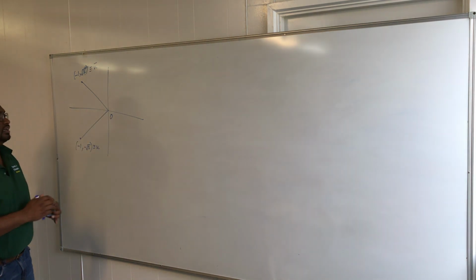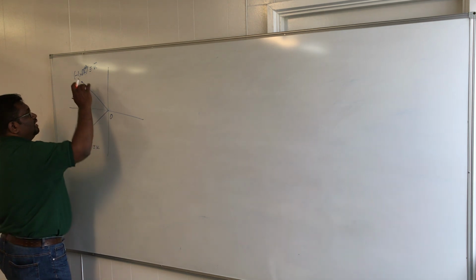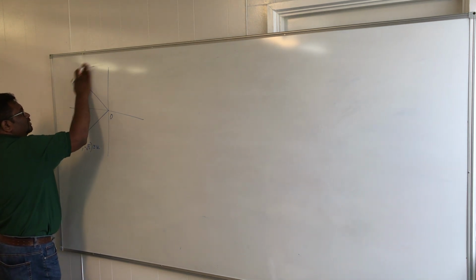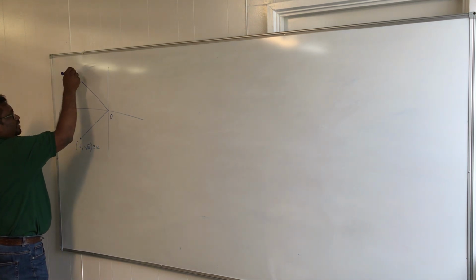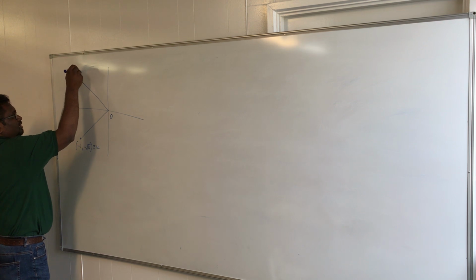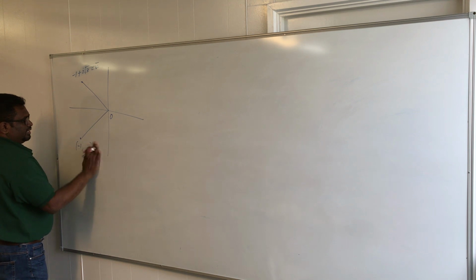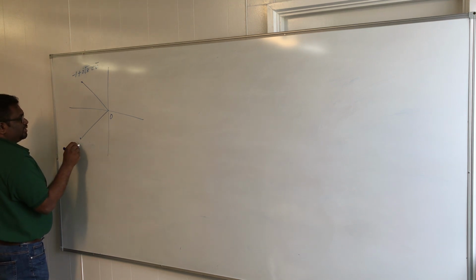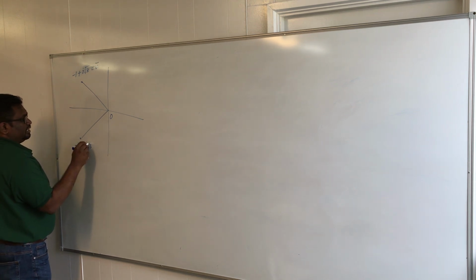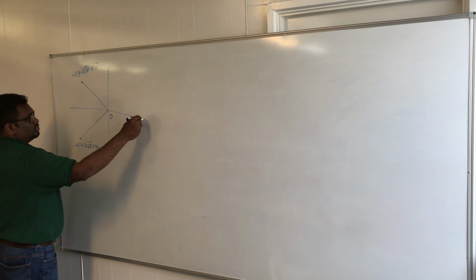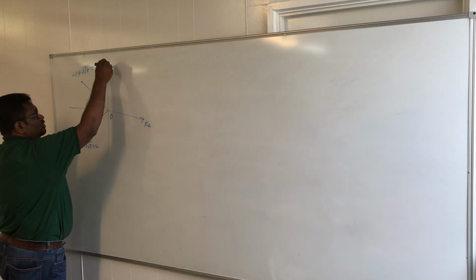So they are going to relate that. Minus 1 plus i square root 3, that is going to be u bar, right? So here minus 1 minus i square root 3, that's going to be u. So this is going to be real, this is going to be imaginary.